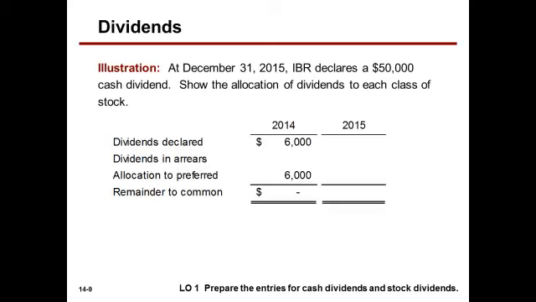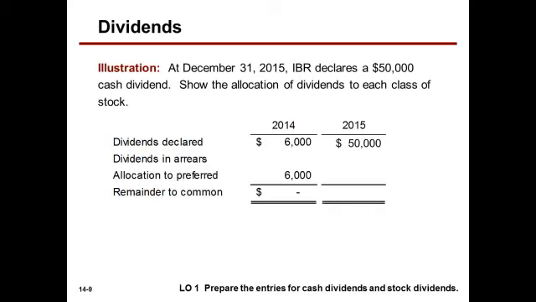Now, to continue this example, the next year, 2015, the corporation declares a $50,000 cash dividend. Let's see how the allocation of dividends to each class of stock occurs. First of all, we know in 2014, $6,000 was declared, all applicable to the preferred shareholders. Now, in 2015, $50,000 is declared in total. Let's allocate that.